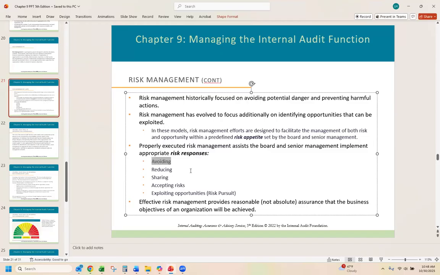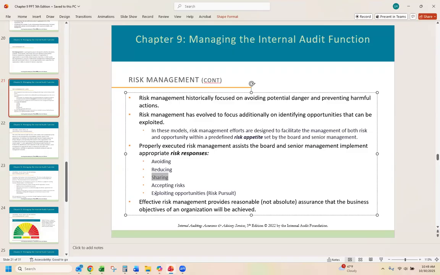Like, we know that this is a risk that could happen, we're going to try and avoid it somehow. Are we going to do something so that the impact of the risk isn't as big? Are we going to share the risk between groups, like, hey, we think this is going to happen, everyone's going to have a piece in this? Accepting risk, just say, hey, we know it's there, there's not really anything we can do to mitigate it, and let's just hope it doesn't come to fruition. If it does, then we will solve it at that time.